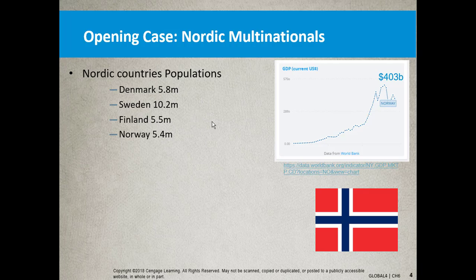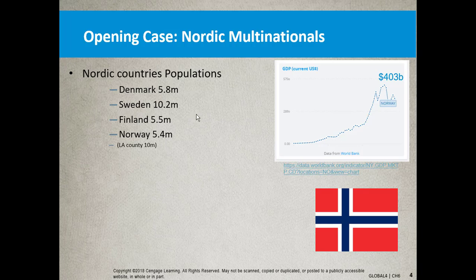So not super populated. In fact, compared to LA County, which has 10 million people. So, just think about that for a second. Los Angeles County is twice the size of Denmark, Finland, Norway when it comes to population, and as big a population as the entire country of Sweden.